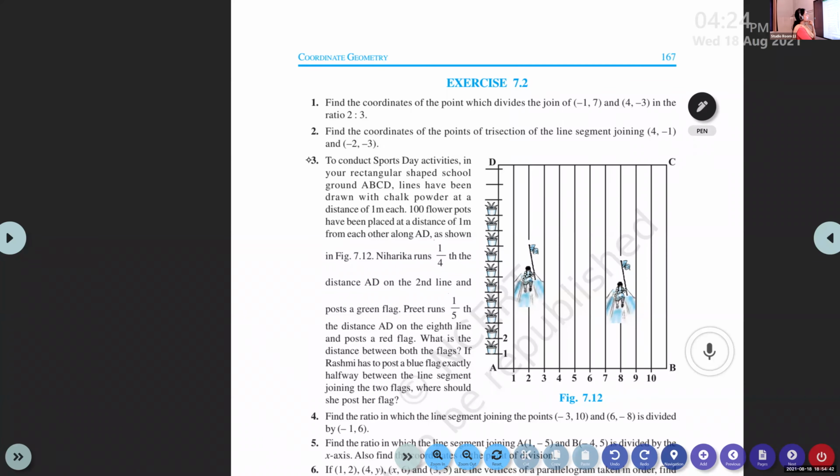100 flower pots have been placed at a distance of 1 meter from each other along AD. So along AD, 100 flower pots are kept and the distance between them is 1 meter. So what will be the length of AD?